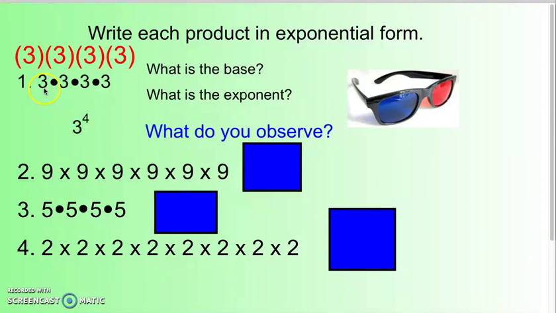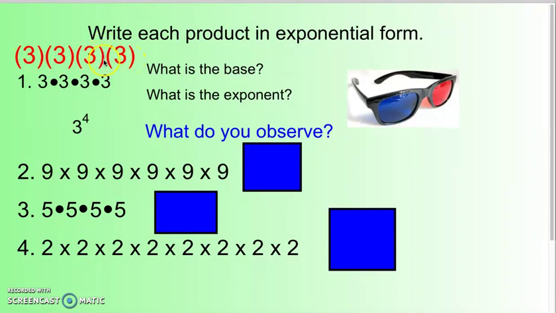What about 3 times 3 times 3 times 3? And what I want you to notice, this dot is a little different than what we have seen with the x. The x represents multiplication, but the dot also represents multiplication. And another way you can write multiplication is with parentheses. If I put a 3 next to another 3, next to another 3, next to another 3, that means they're all multiplied together.